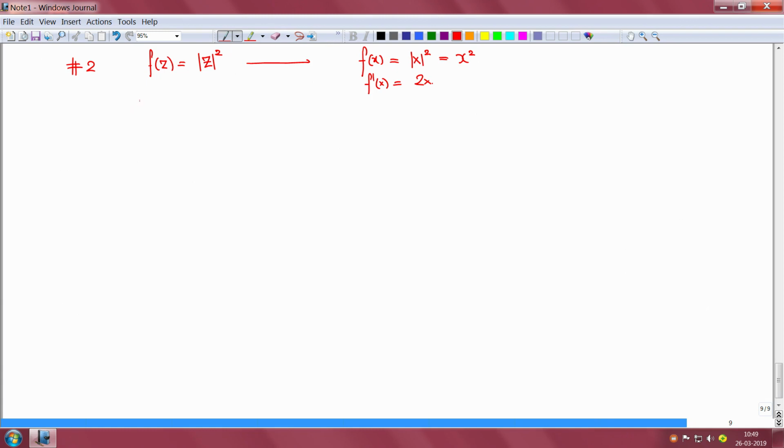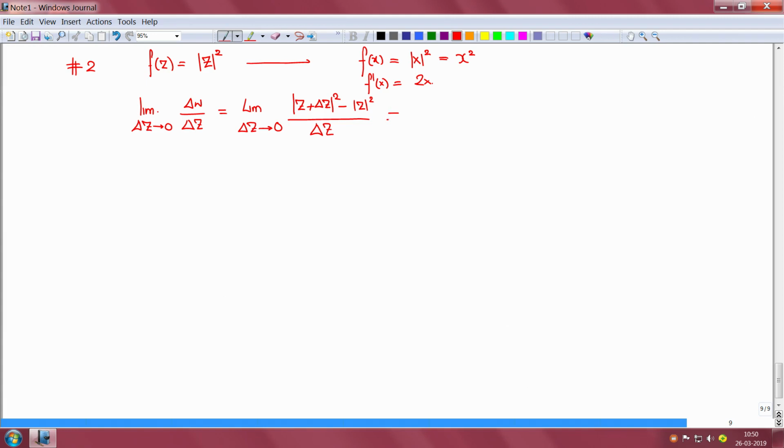So, we use the definition we gave earlier: limit delta z tending to 0 of delta w by delta z is equal to limit delta z tending to 0 of magnitude of z plus delta z squared minus magnitude of z squared, divided by delta z.